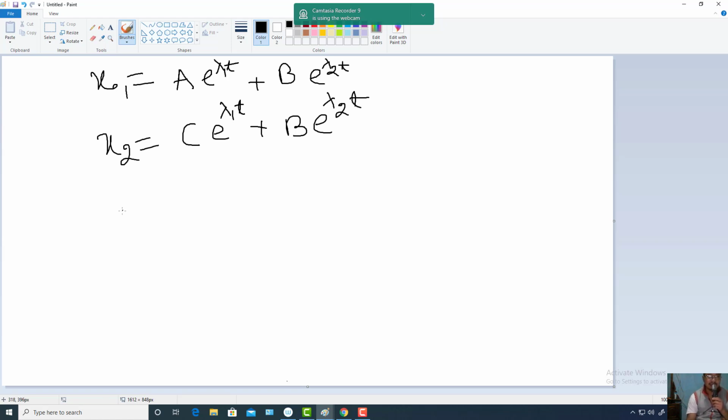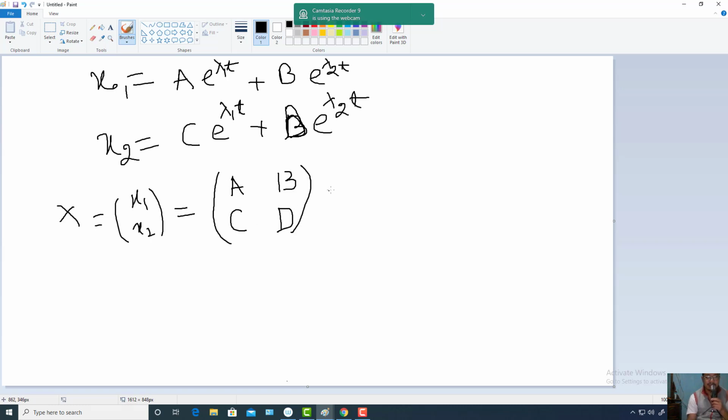So this you can write in the matrix form again. Suppose this is a column matrix, capital X, that is x1, x2 is your capital X. So this is equal to a, b, sorry, this should be d, capital D. So a, b, c, d you can write like this.